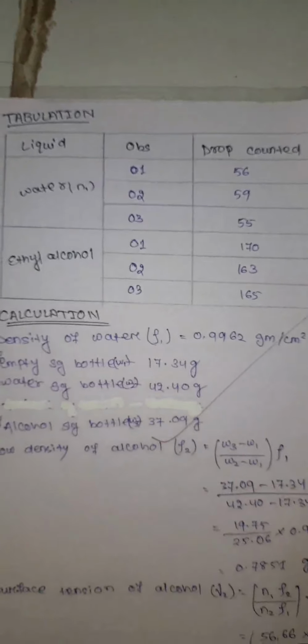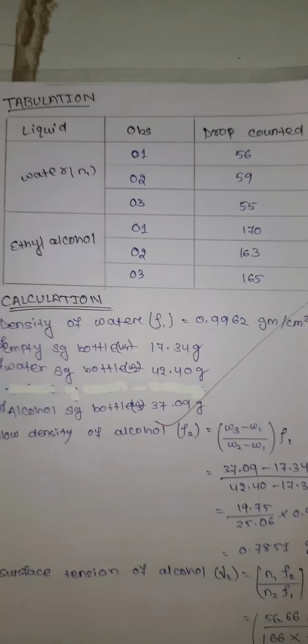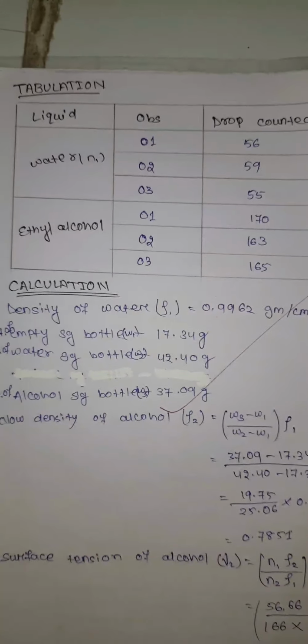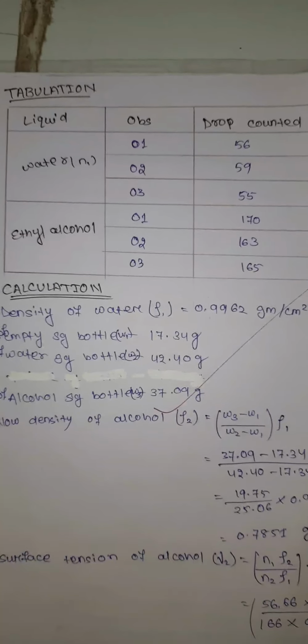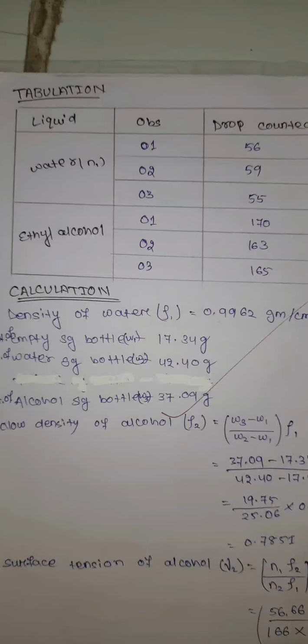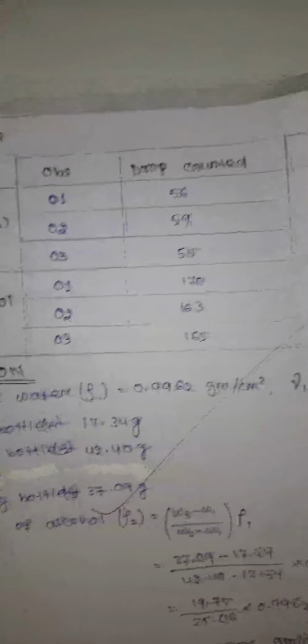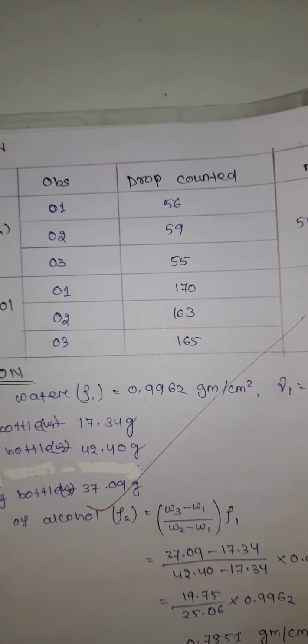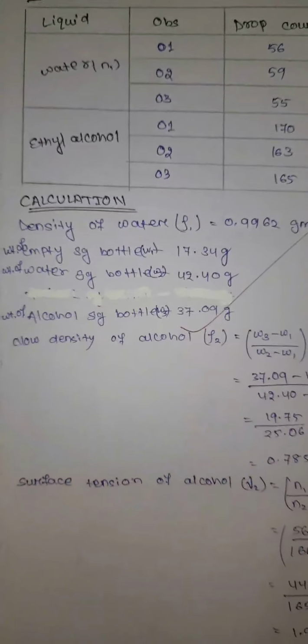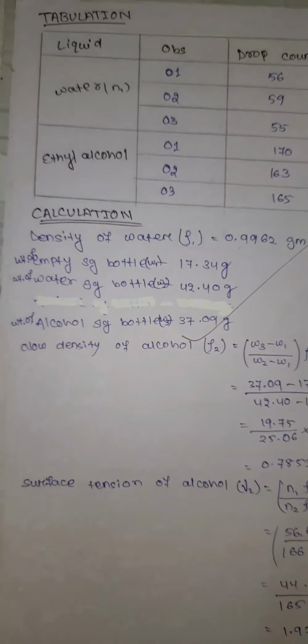In this way, the next experiment observation will be taken from the lab manual, that is liquid, that is water and ethyl alcohol, observations 1, 2, 3, drop counted, mean, then calculations, and the calculation is the same.